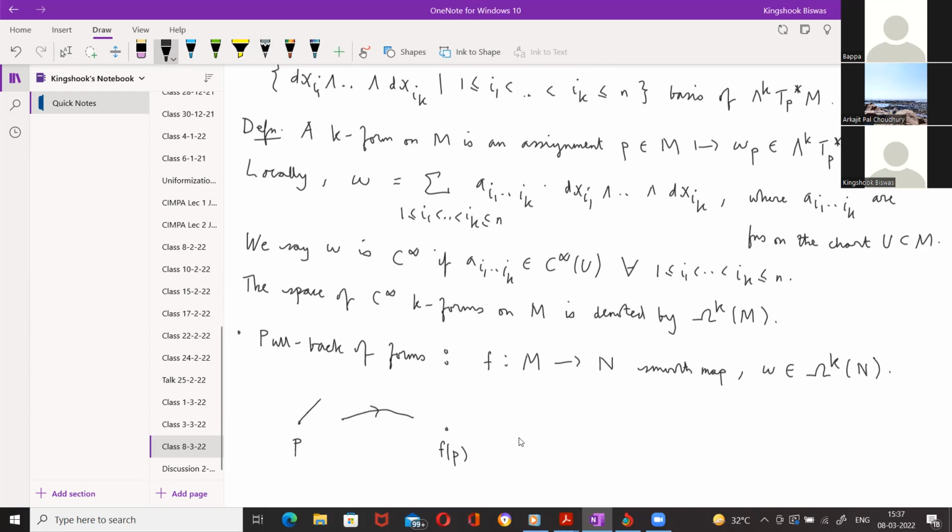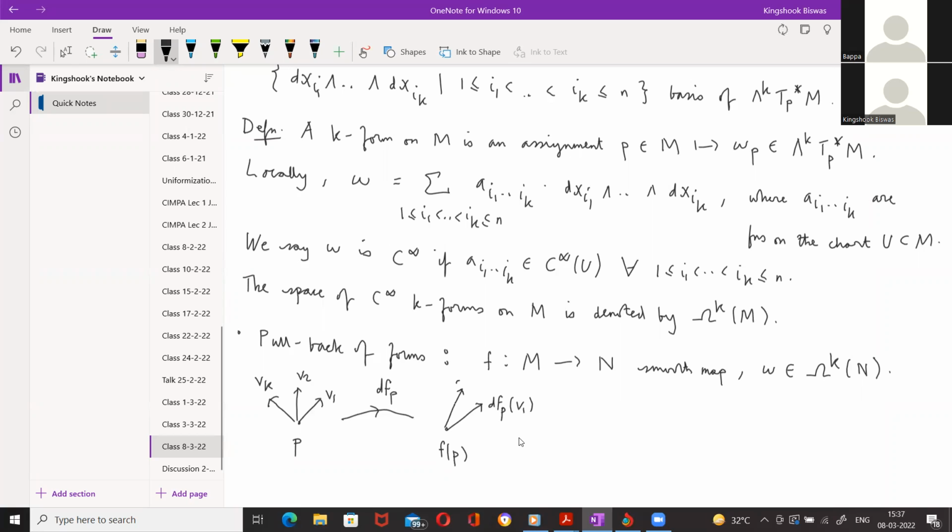You have to define the value on K tangent vectors v1, v2, up to vk at a point p. So you look at df at p. These map to k tangent vectors at f of p, dfp v1, dfp v2, up to dfp vk.